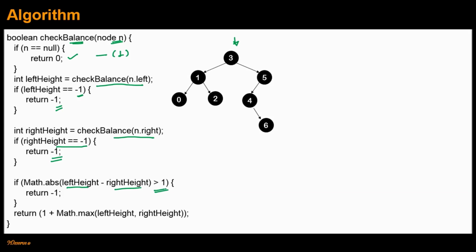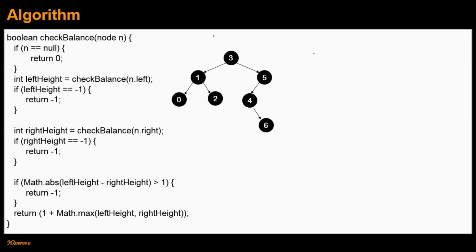If it is greater than 1, then we return -1 to indicate that the tree rooted at node n is not height balanced. If the difference is not greater than 1, then we return the height of the tree rooted at node n. To do that, we simply do this computation: 1 plus maximum of height of left subtree, height of right subtree.